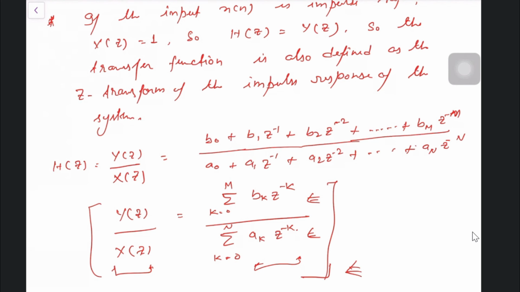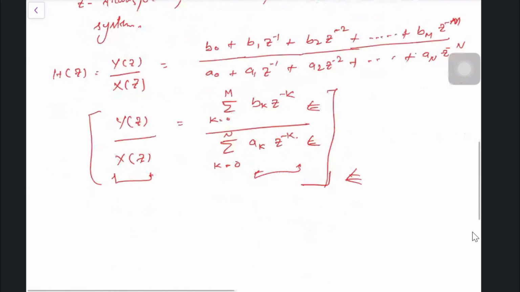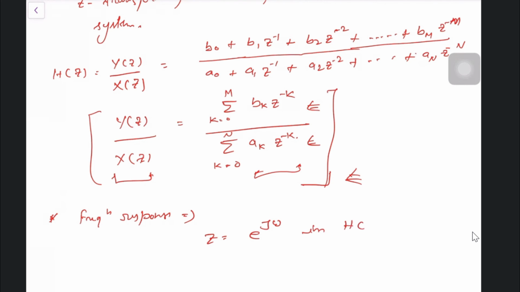Now in this, if they ask you what is the frequency response, so remember whenever we are talking about frequency response, for getting this frequency response you have to put z equal to e to the power j omega in H(z).